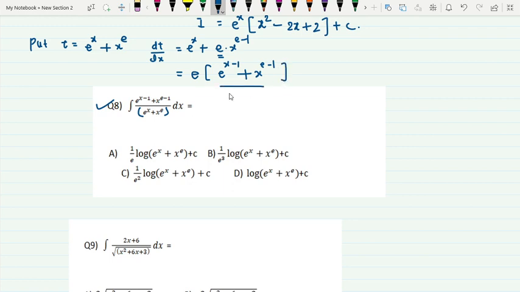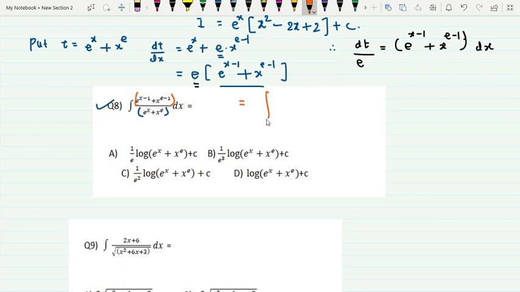That is our numerator. Therefore dt upon e will be equal to e raised to power x minus 1 plus x raised to power e minus 1, into dx. So this e raised to power x minus 1 plus x raised to power e minus 1 into dx is dt upon e, and this is t.